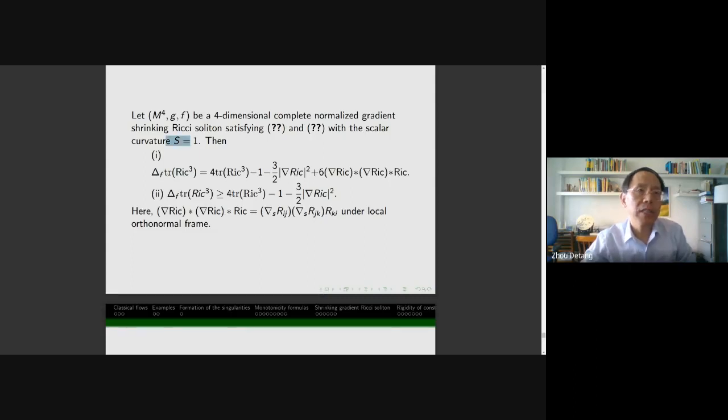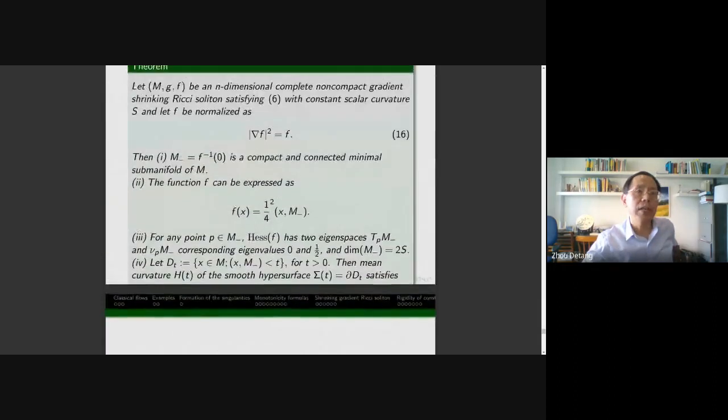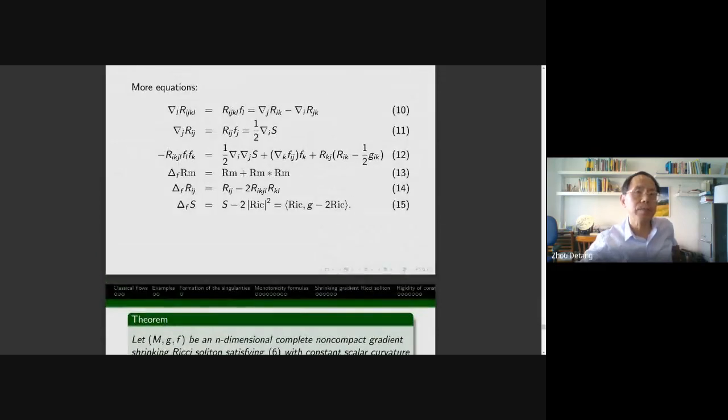So we can normalize so that S equals 1. When S is constant, you have this equation. That means the gradient of f is an eigenvector of the Ricci curvature.